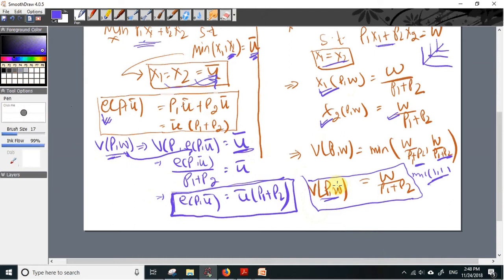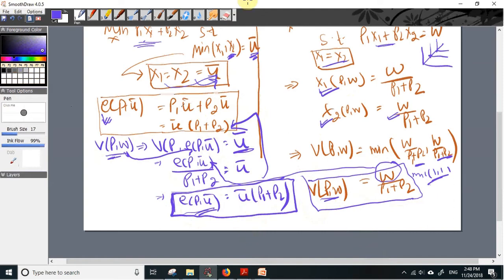In our specific example, instead of w we write e(p, u bar) divided by p1 plus p2 and we equate this to u bar, and this simply becomes e(p, u bar) equals u bar times (p1 plus p2). So this is the same as the expenditure function derived from the expenditure minimization program.